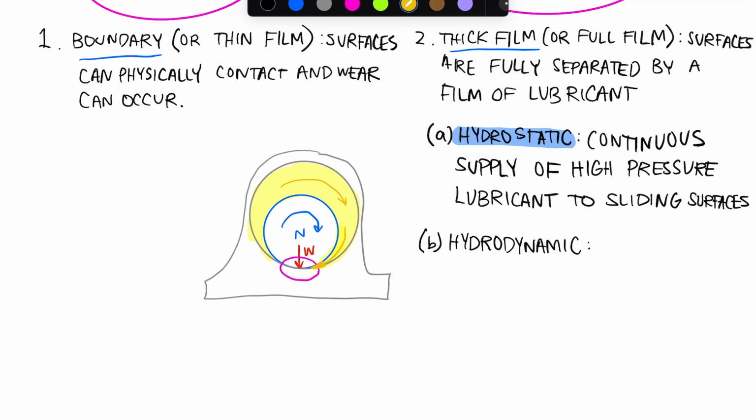If you have a high enough speed, a high enough viscosity, or a low enough load to allow it, then this pressure can actually help keep the surfaces separated. And as long as you have a sufficient supply of lubricant, it will continuously pump that lubricant within the gap.